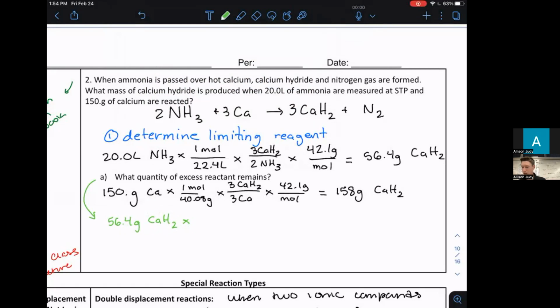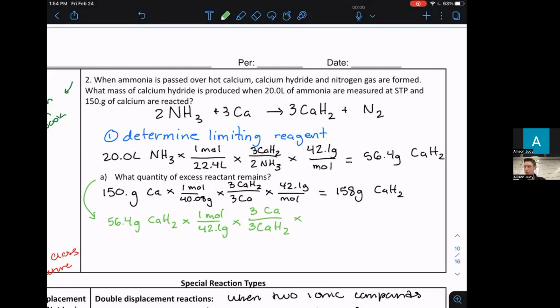In order to do this, we need our molar mass again, which we determined was 42.1. Then we need our molar ratio, which is 3 moles of calcium hydride for every 3 moles of calcium.